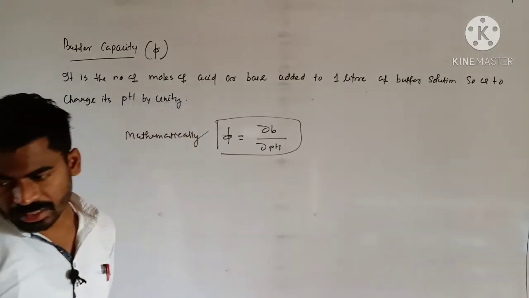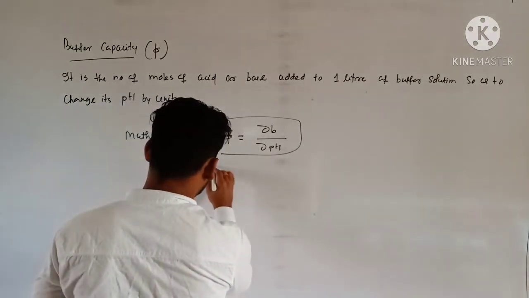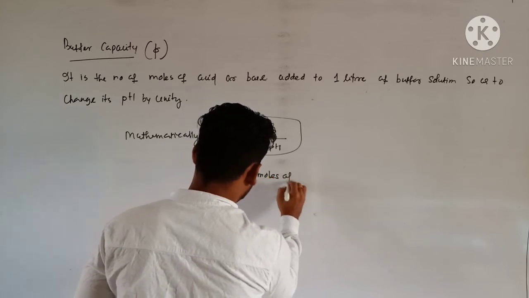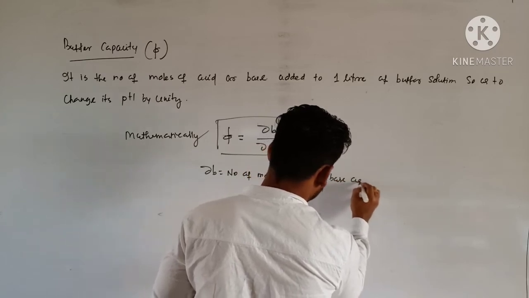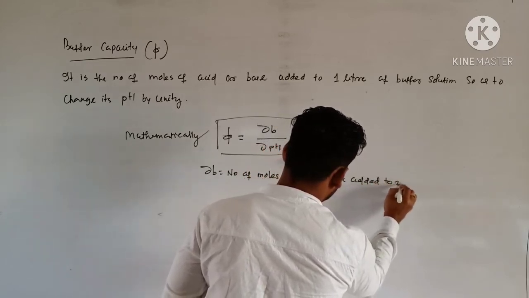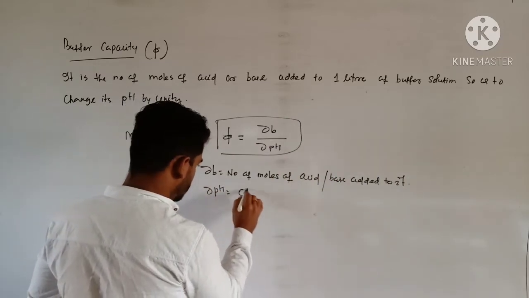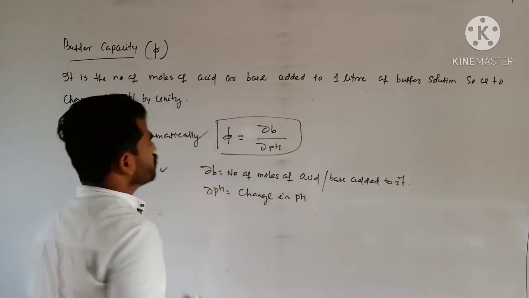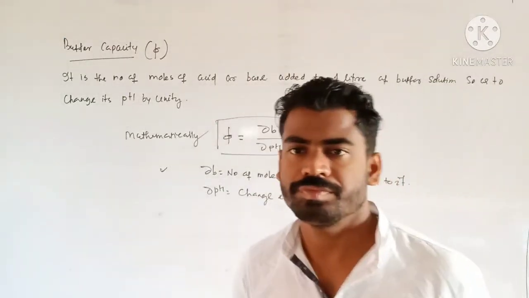Where del B is the number of moles of acid or base added to the solution, and del pH is called the change in pH. So this is all about your buffer solution.